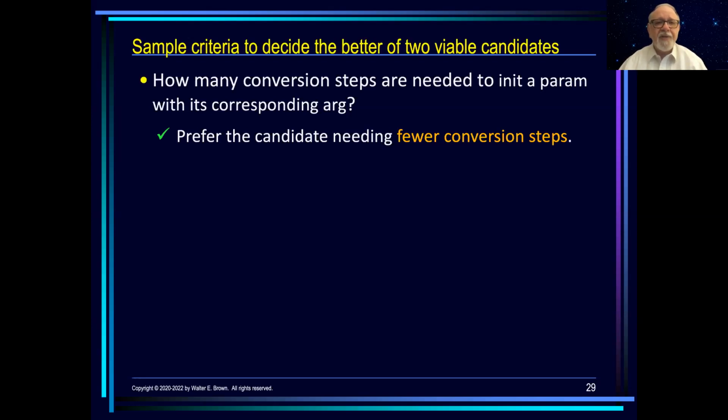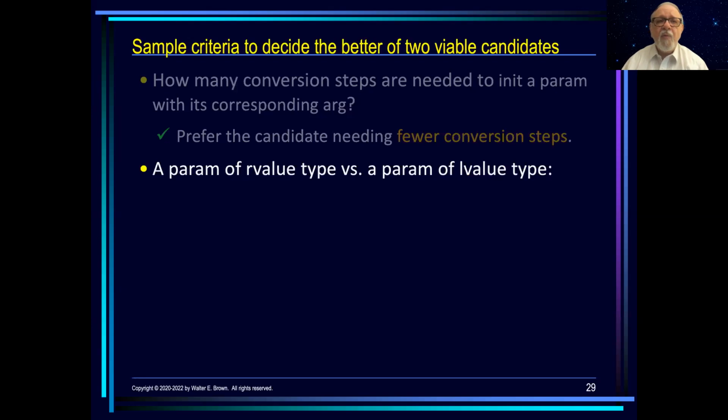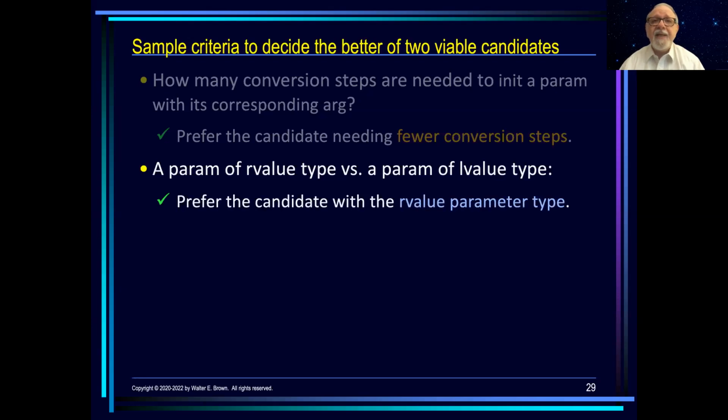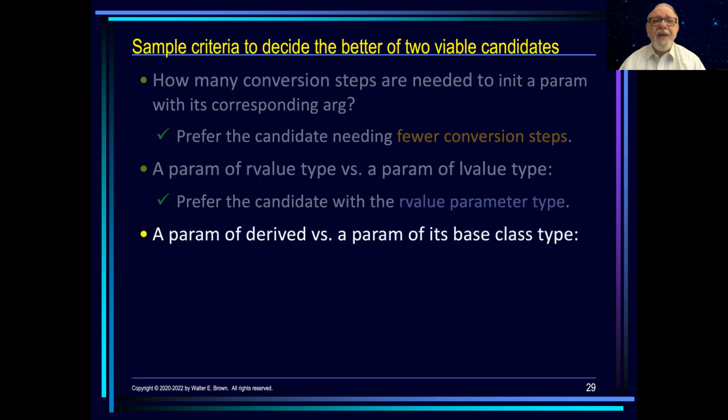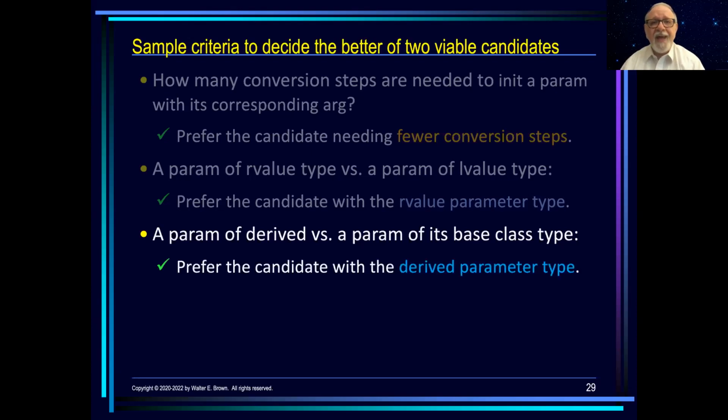A second criterion: if one of the parameters has rvalue type and the other one has lvalue type, we'll prefer the candidate that has the rvalue type. If we have a pair of candidates and one has a parameter of a derived class type and the other one has a corresponding parameter of the base class of that derived type, the compiler will prefer the candidate with the derived parameter type.